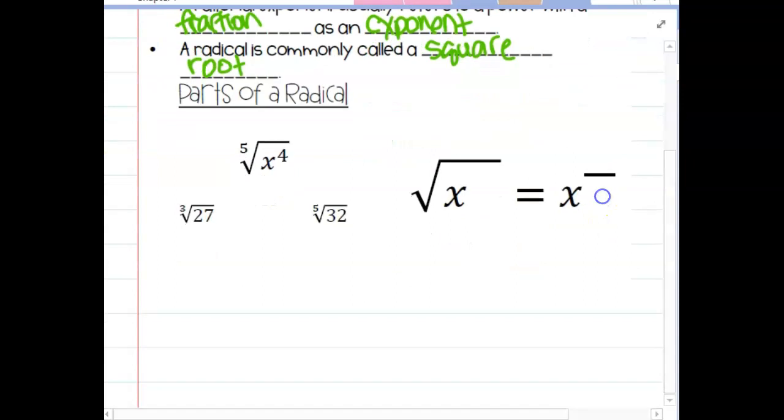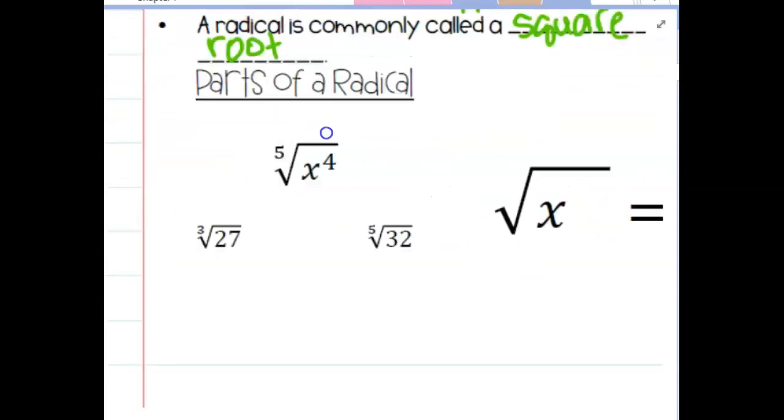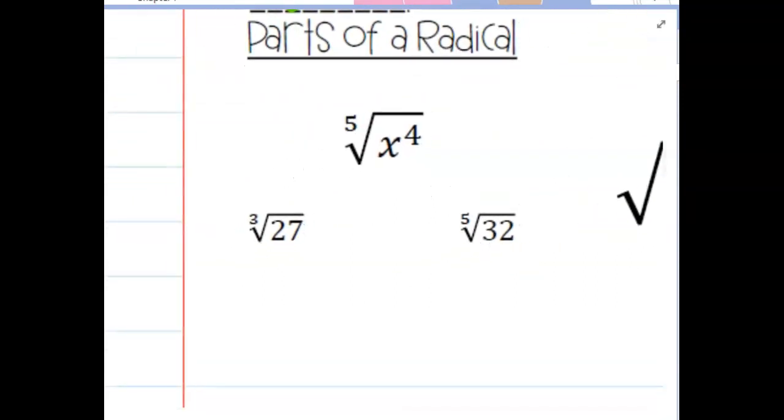So let's talk first about the parts of a radical. So in the radical, okay, we're going to have two numbers here for the most part today. Sometimes you won't, but most of the time we will. So this number right here, the 4, okay, well that's easy. This is x to the 4th. That's the exponent. It's just an exponent.